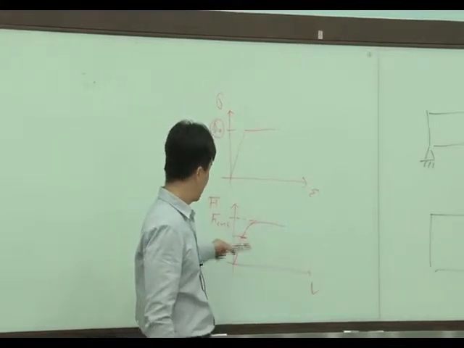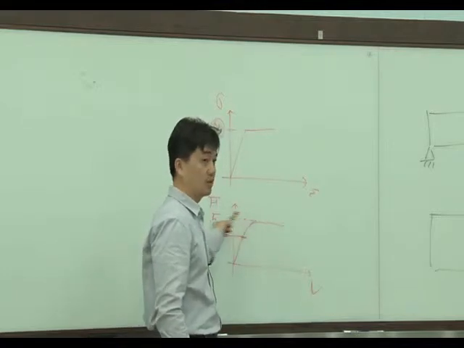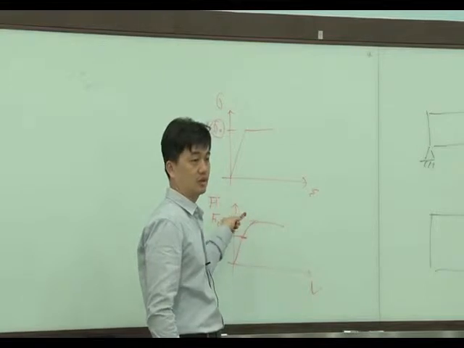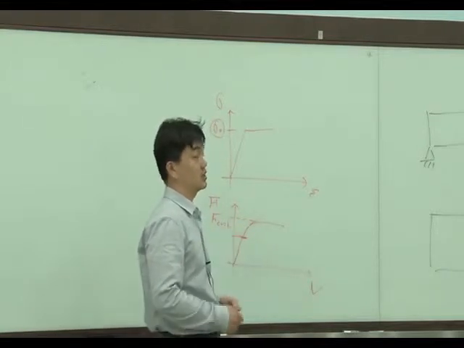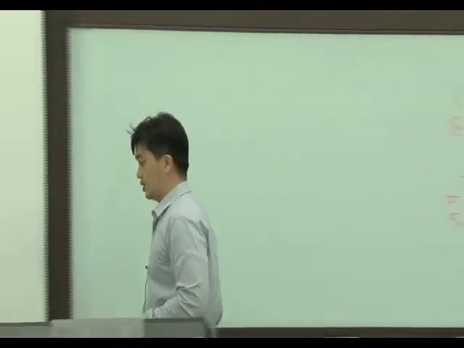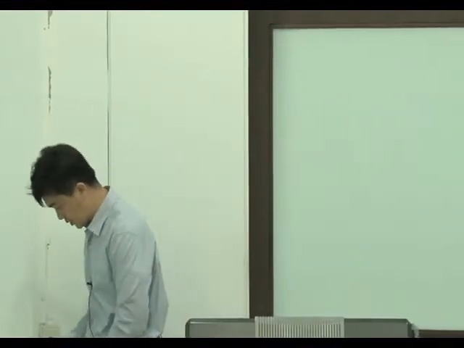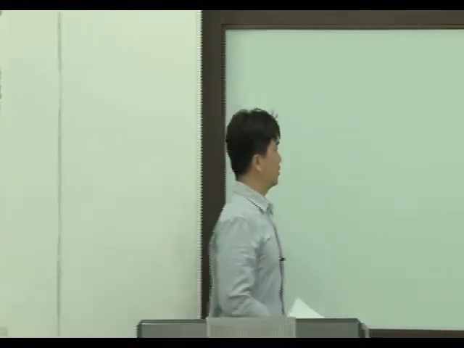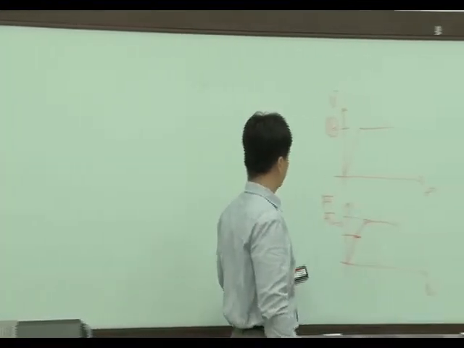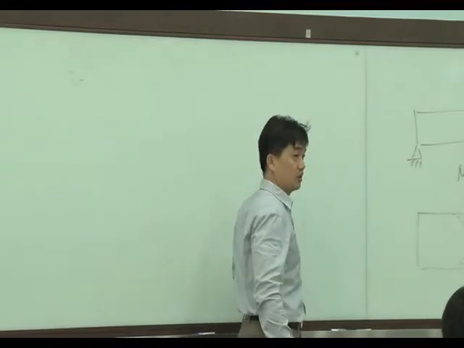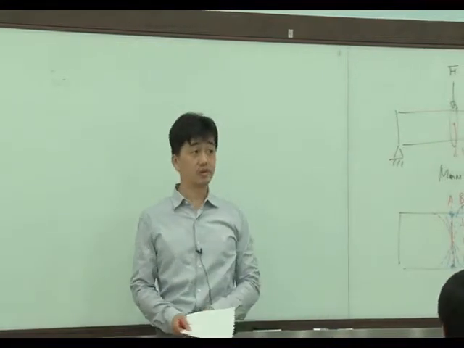The other design method considers the limit load, the limit design analysis. Allowable stress design and limit load design, something like that. In structural design, it's very important to know the limit load, the collapse load.